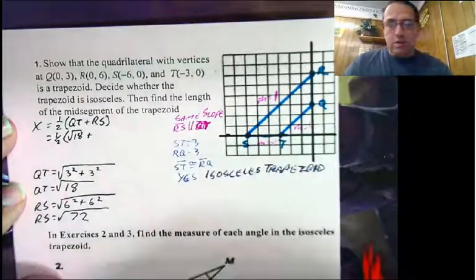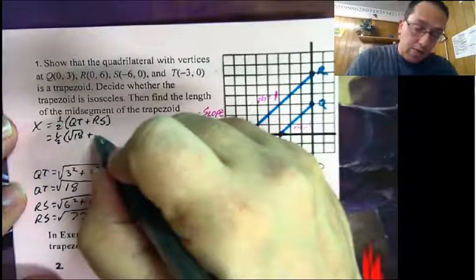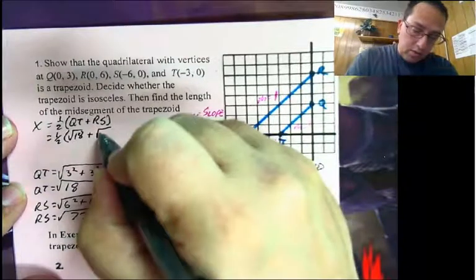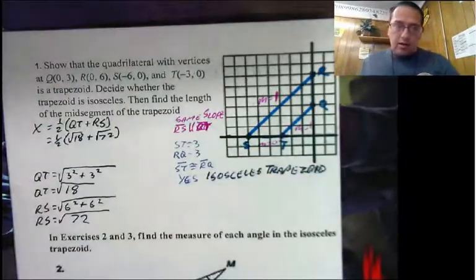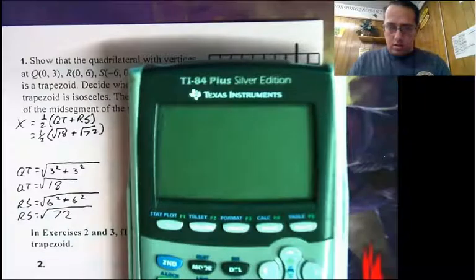And again, that also doesn't have a nice pretty square root. So we are not going to get a very pretty answer here. Square root of 72. And for that, I'm going to use my calculator. Turn it on, clear all that stuff out.